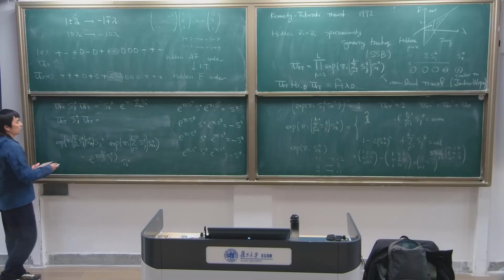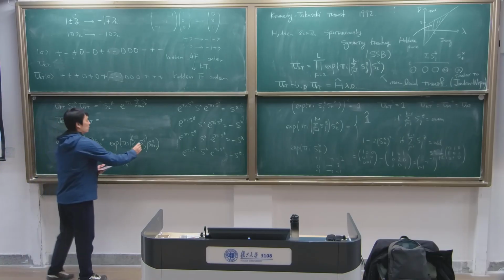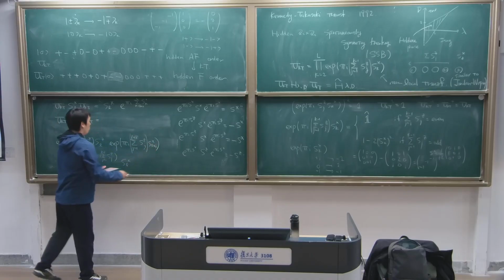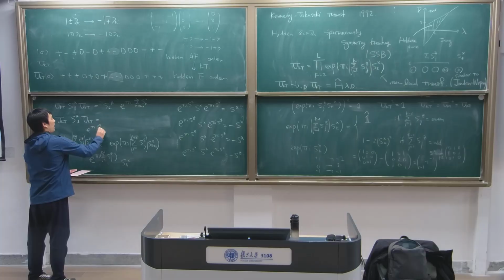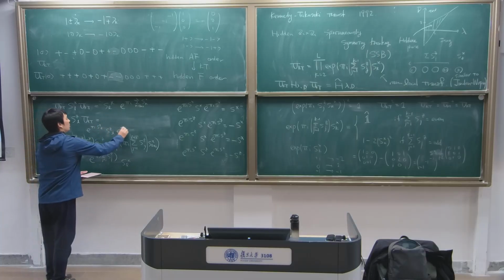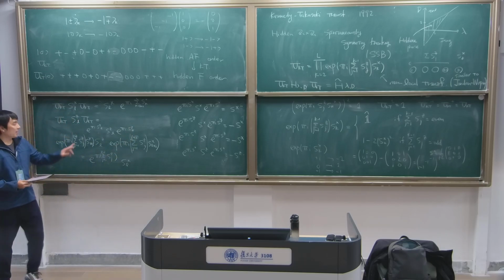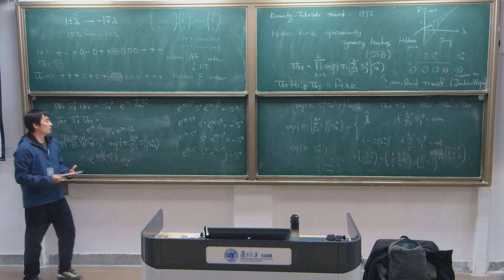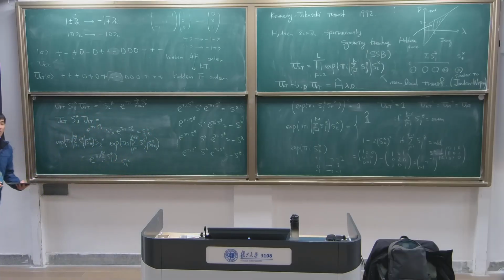So even if you increase by one more, and it becomes 2, what's relevant is always e to the pi I SDL, SDL, e to the pi I SDL. But they always commute. So therefore, this is always SDL.